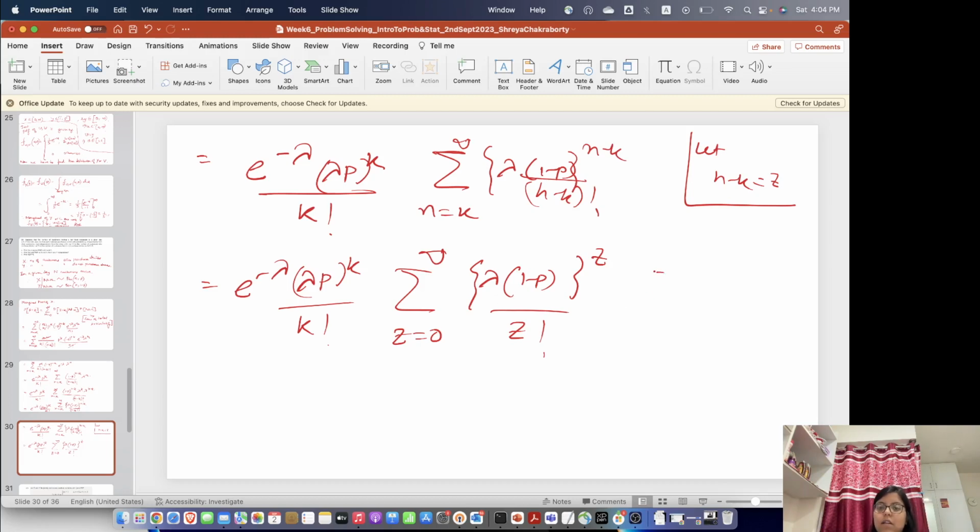So this one is essentially e to the power lambda 1 minus p, because e to the power x is summation from 0 to infinity of x to the power p by p factorial. Okay, so this is by Taylor series.